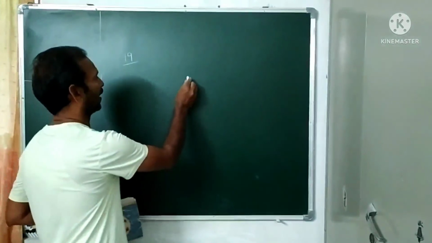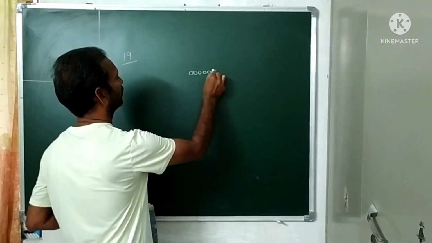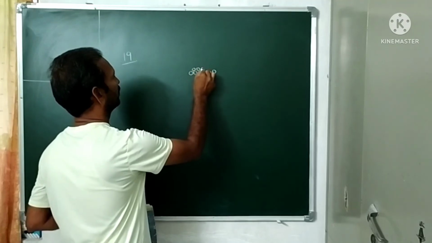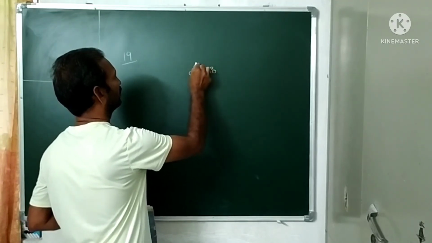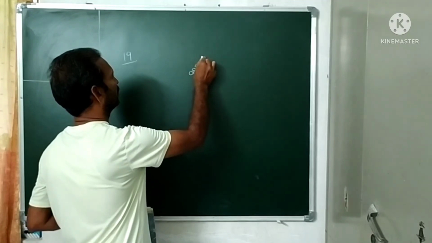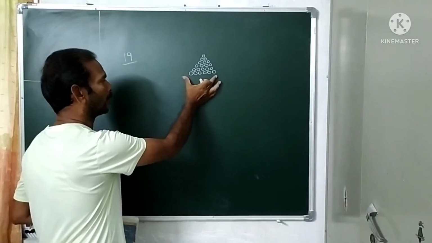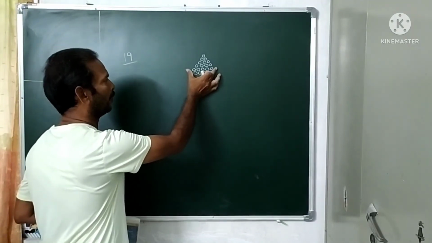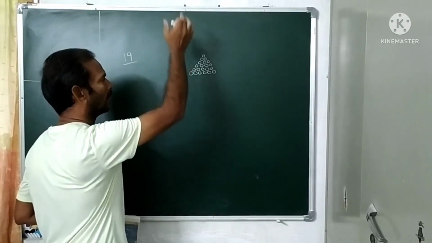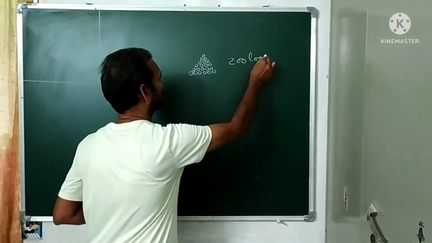So they are arranging like this. Here 20 logs, then 19, then 18, like this going on. In total, 200 logs should be arranged.